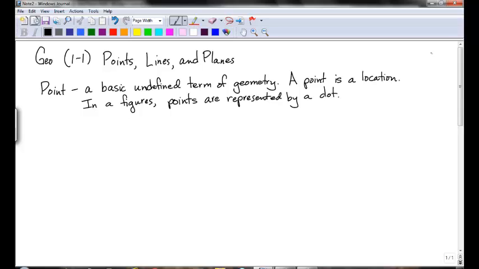Now, on your paper, it's just going to look like a dot. Okay? And points are named using uppercase or capital letters.